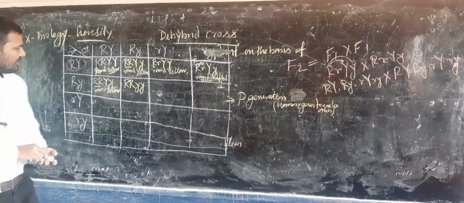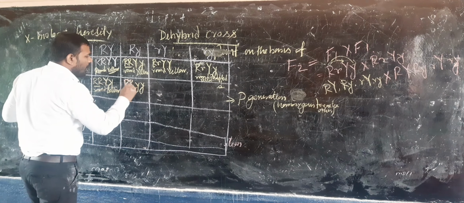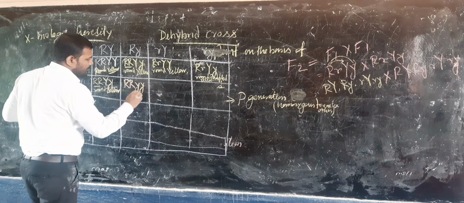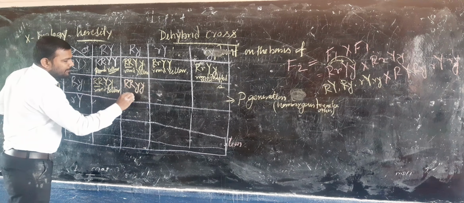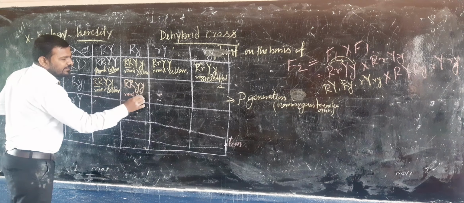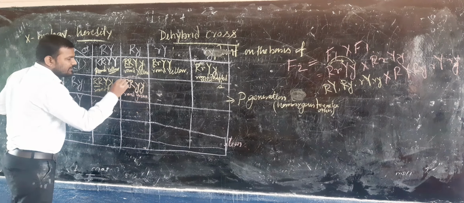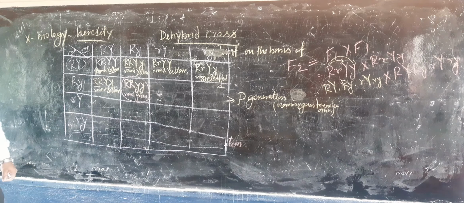Here we get a specific type of seed which has R for the round shape and small y for the green color. They will produce the round shaped green color seed.